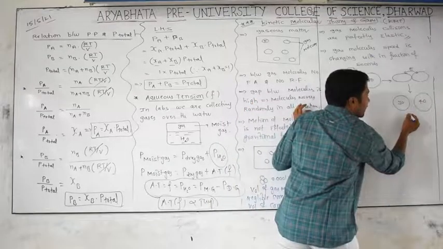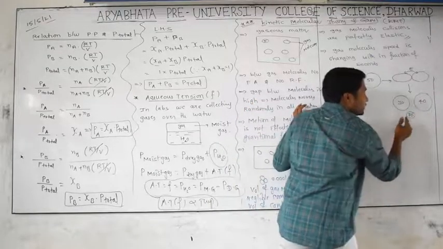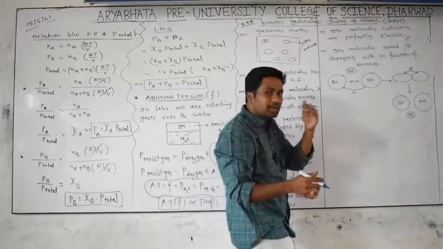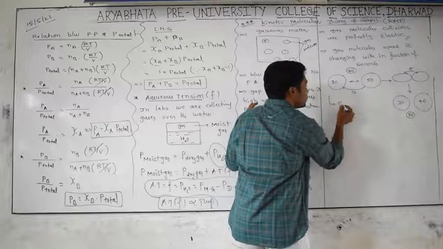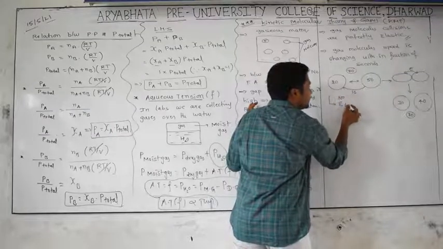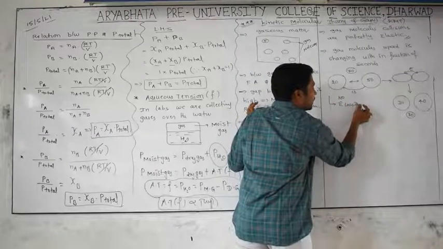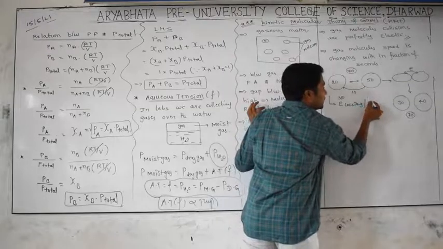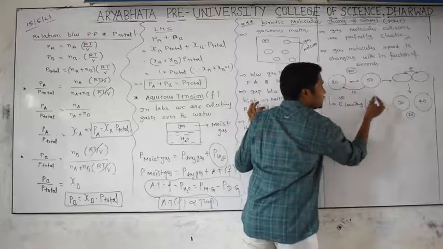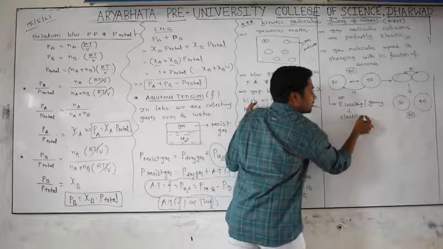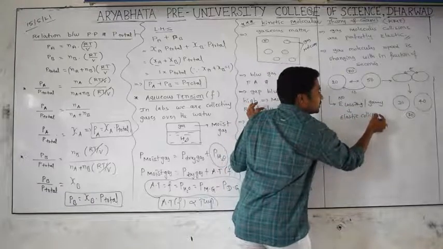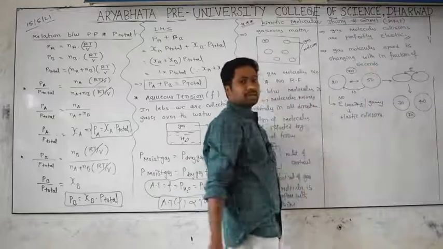Finally also they have 70. In these collisions, is there energy losing or gaining? No. There is no energy losing or gaining, just energy transferred. Such collisions we call elastic collisions.